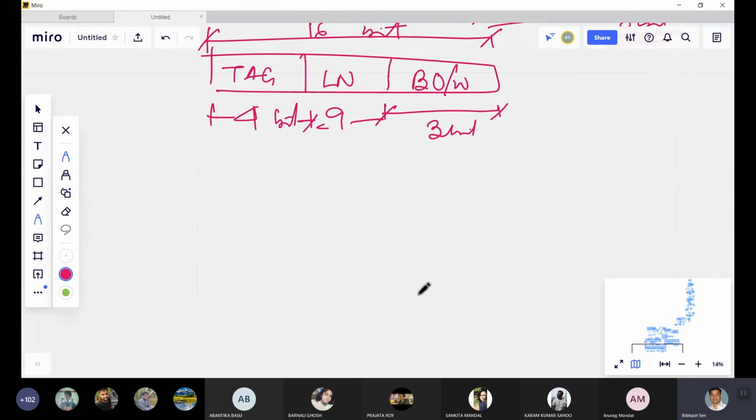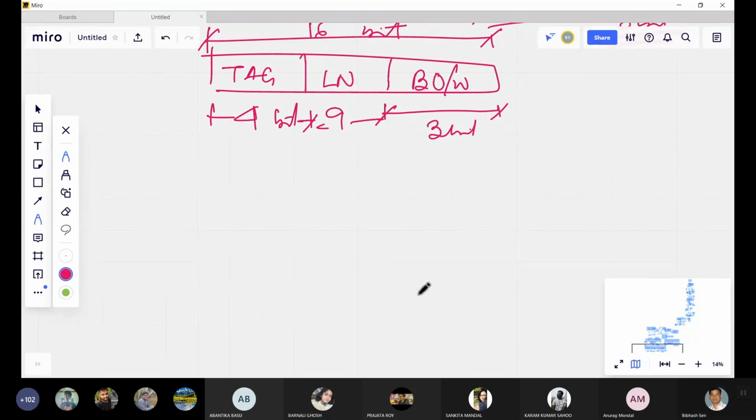Size of the tag bit, if I consider 4-way associative, that means 4 blocks per set. Can I say or not? If I consider 4 blocks per set, anyone?